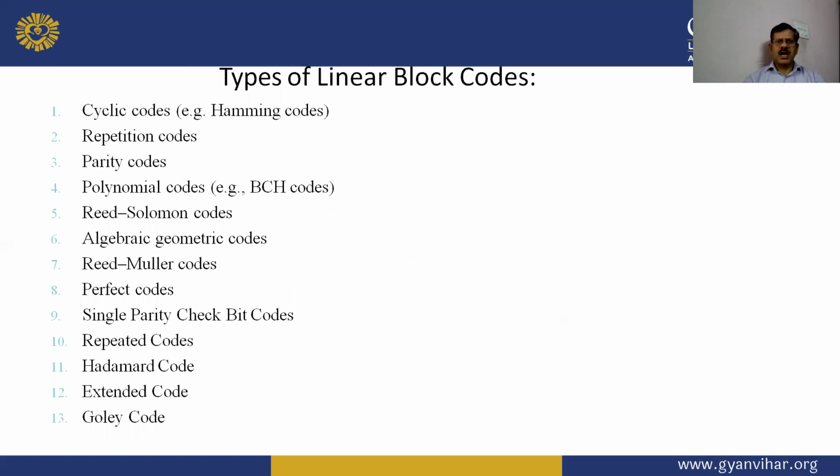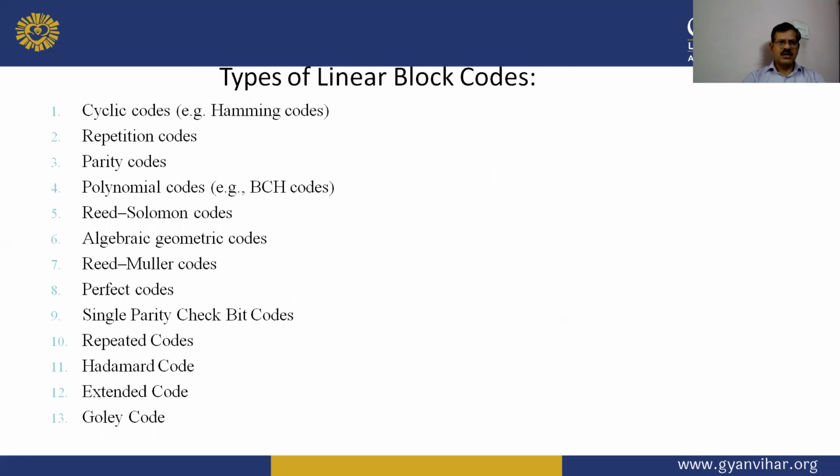There are different types of linear block codes. First one is cyclic codes or Hamming codes. Second is repetition codes, third is parity codes, and fourth is polynomial codes or BCH codes.